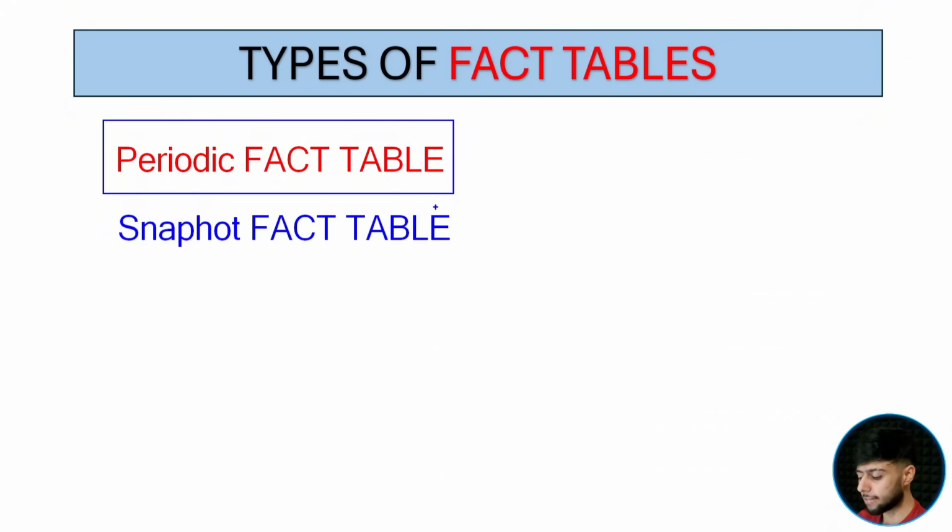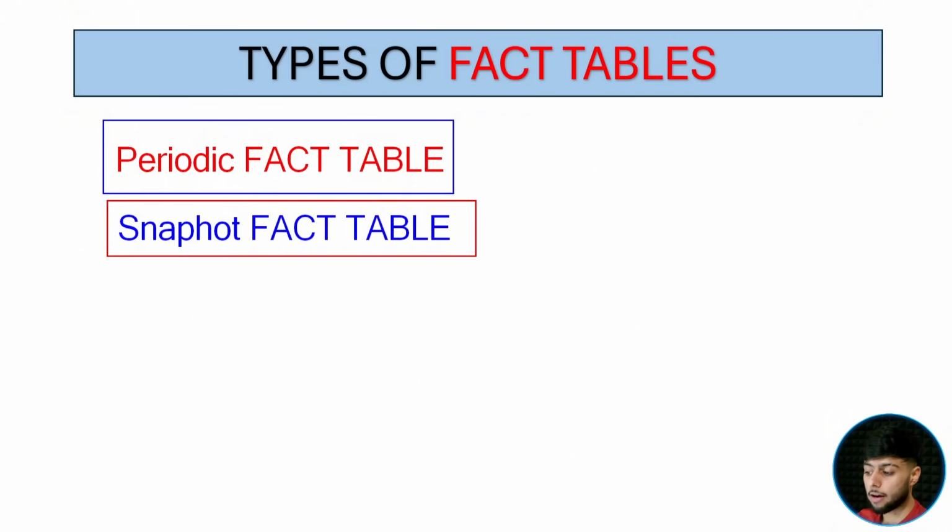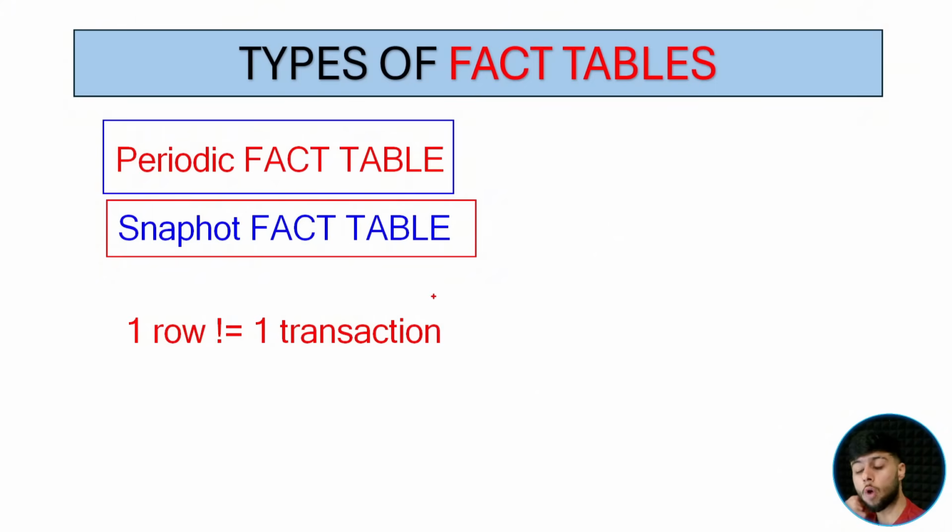Why? Because as the name suggests, here one transaction will not equal one row, or vice versa, one row is not equal to one transaction.